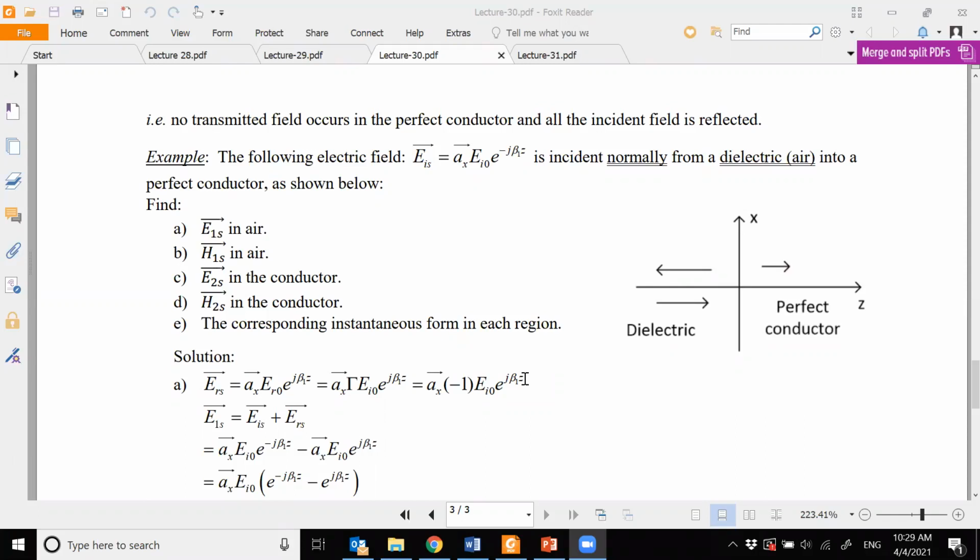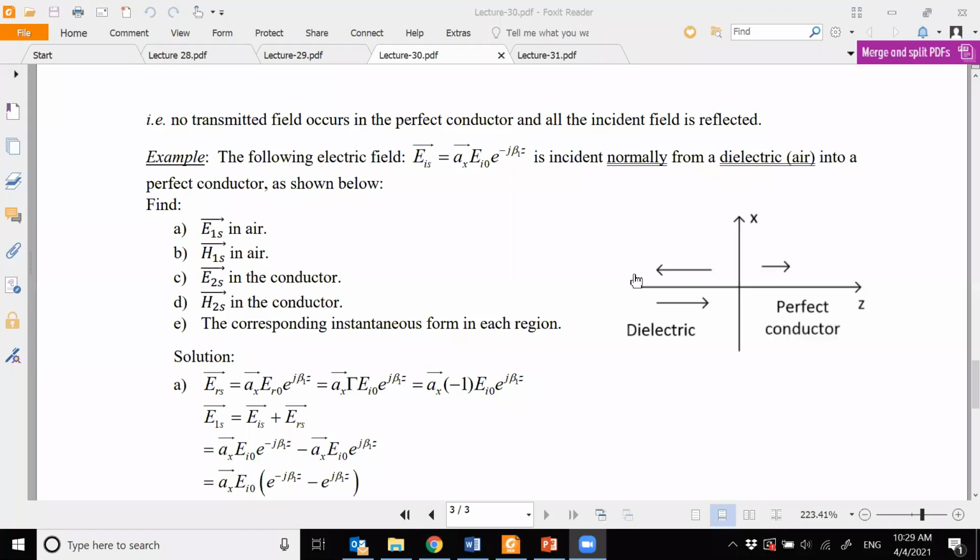One is traveling in the -z direction, and the incident is traveling in the +z direction, and both are of equal amplitudes. Then what's going to happen in this medium 1? This is what we are trying to see in this example.